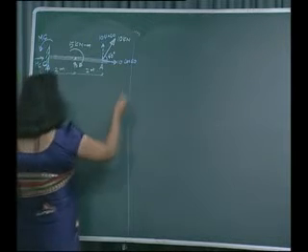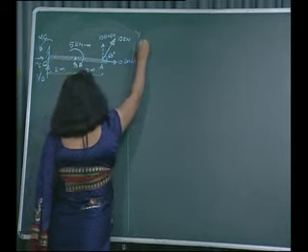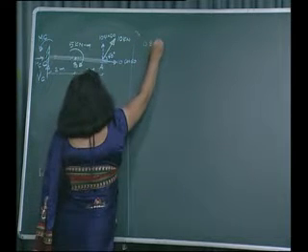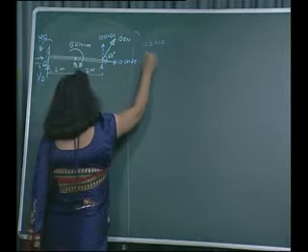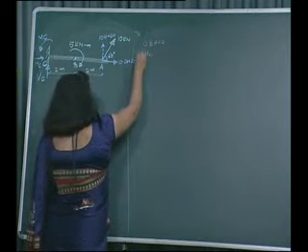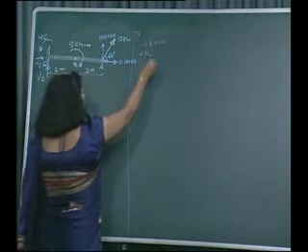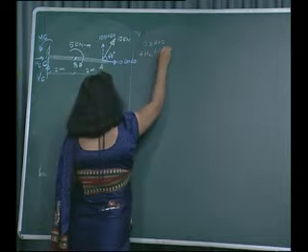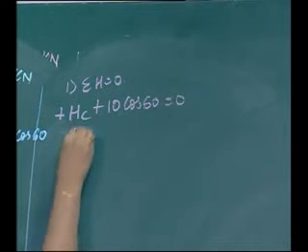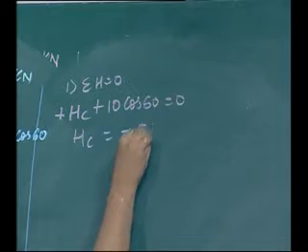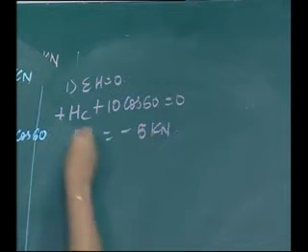So we first apply sigma H is equal to 0. Hc is moving towards positive x-axis, and 10 cos 60 is also moving towards positive x-axis. So positive, that is equal to 0. So Hc is equal to minus 5 kilonewtons.